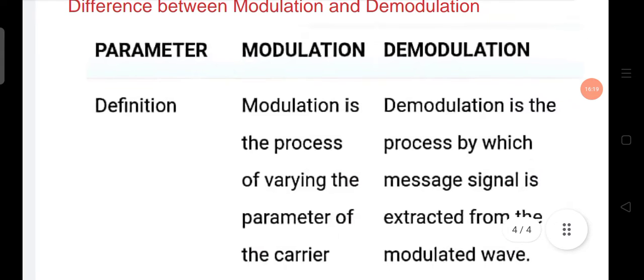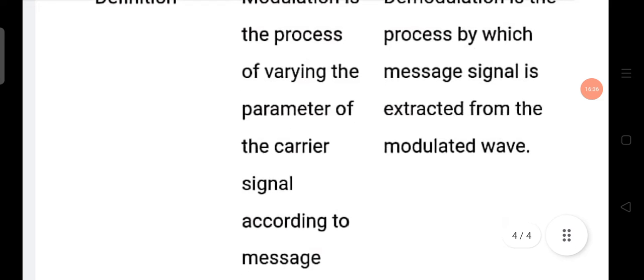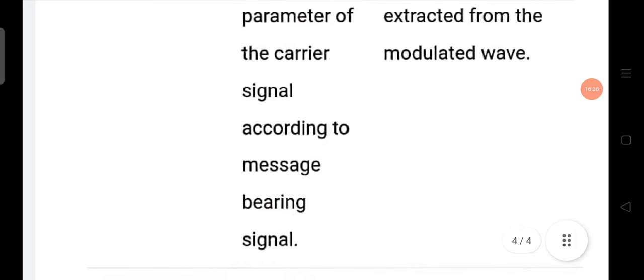And one thing left is the difference between modulation and demodulation. First of all, the parameter, the definition. Modulation is the process of varying the parameter of the carrier signal according to the message bearing signal.